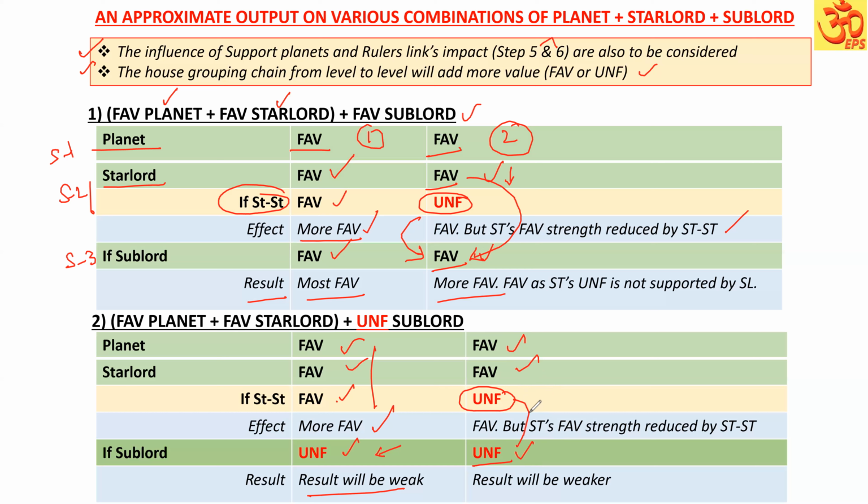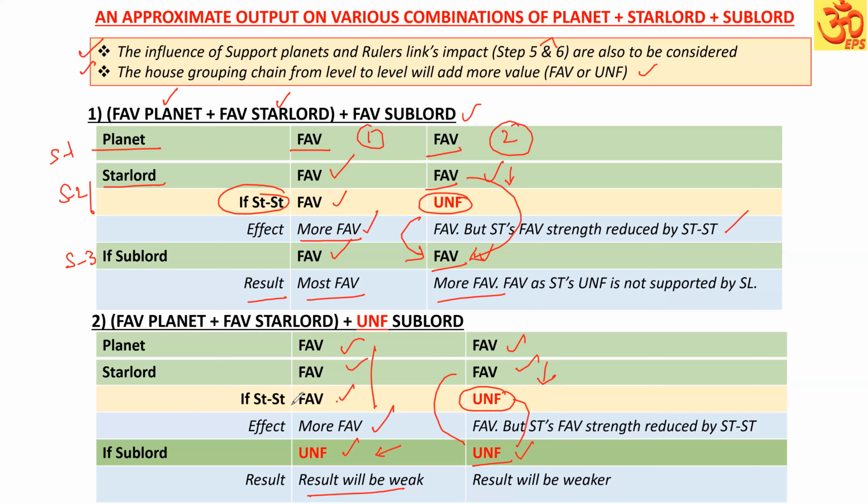They are making a combination, it is weakening the situation. In this case, what will happen? Planet is supported by the favorable Star Lord, but that is not being supported by the unfavorable Star Lord of the Star Lord. It is getting reduced. Favorable strength is reduced, and further the planet, Star Lord and Sublord combination is also not good.